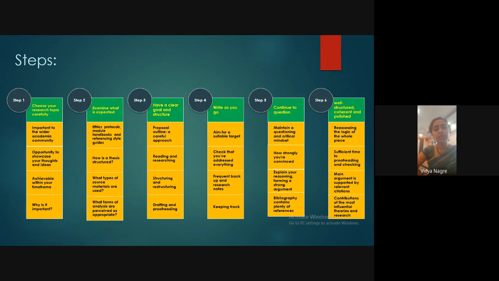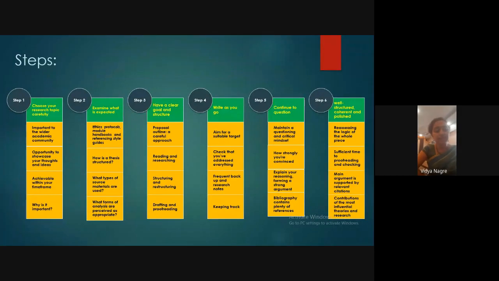So understand, whatever topic you choose, it should be in your capacity. It should not be a topic with over ambition. At the same time, research should always benefit at large. It should not be beneficial only for you. It should benefit the wider community, though it's the academic community.